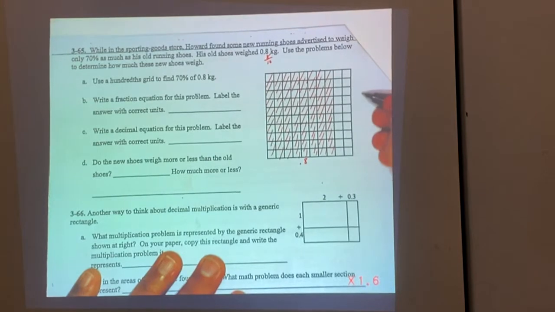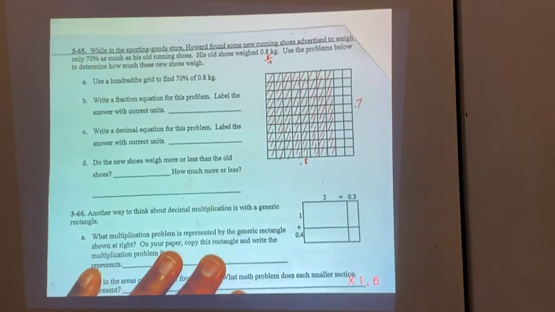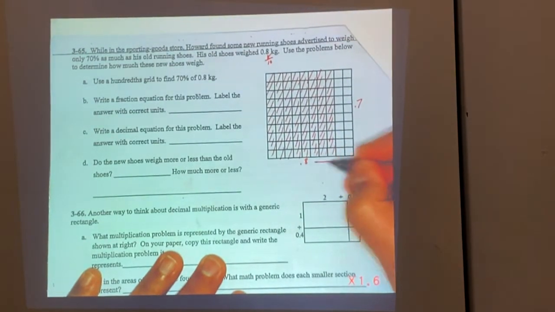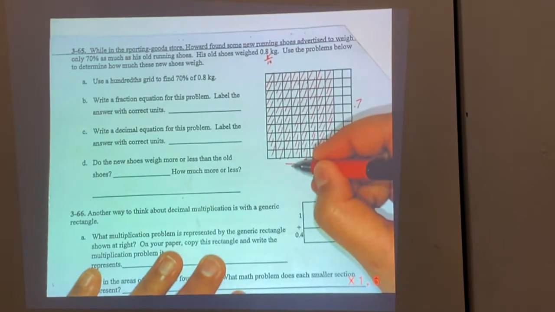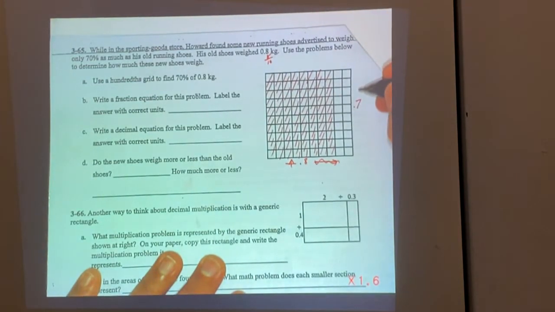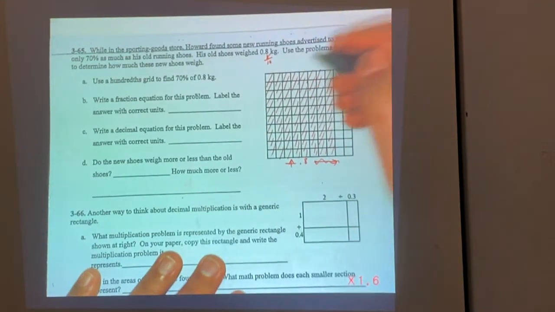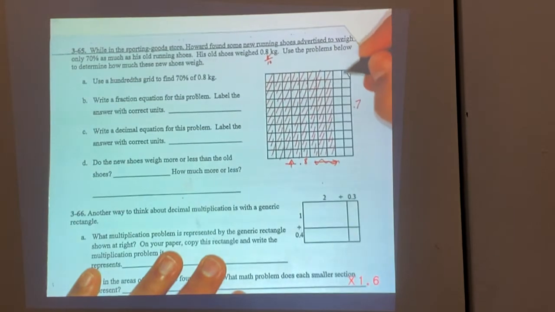So 70% is the same as 0.7. So we went this way with the 0.8. No. We went up and down. Sorry. So then the 0.7, I want to go left and right. Never mind. I want to do 7/10. So here's, how do I do this?